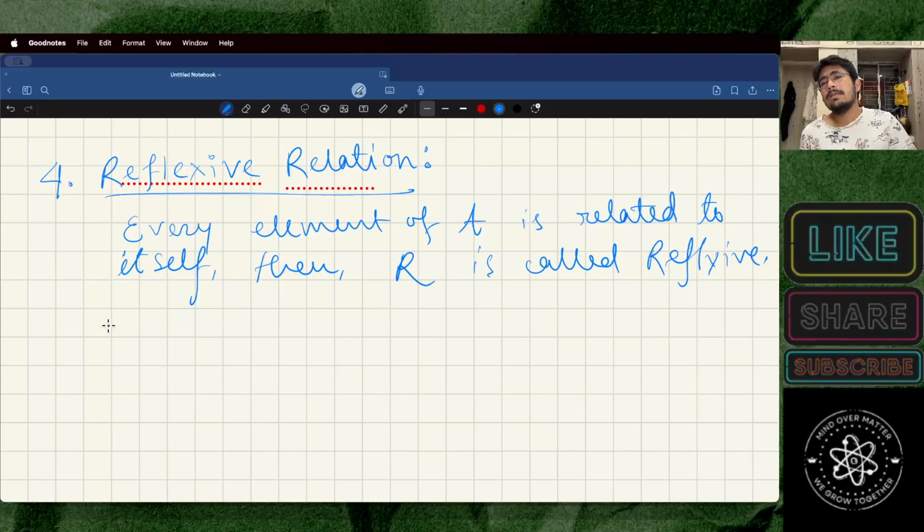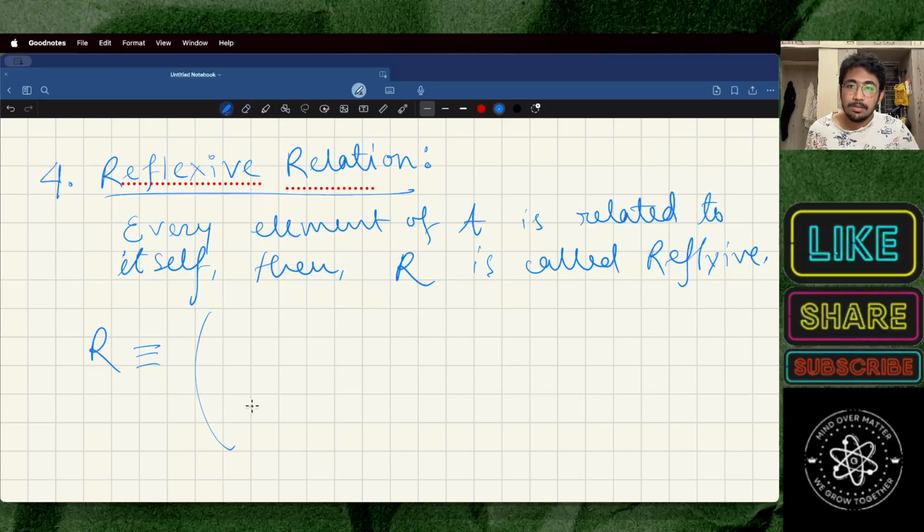And what does that mean? That means that in this relation, and I'm writing the matrix representation, these three elements must be present.